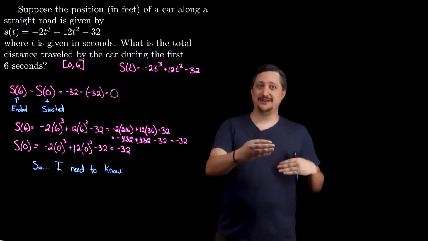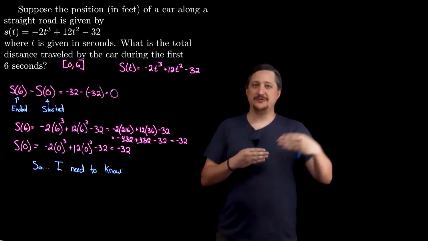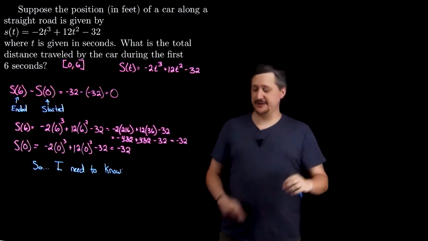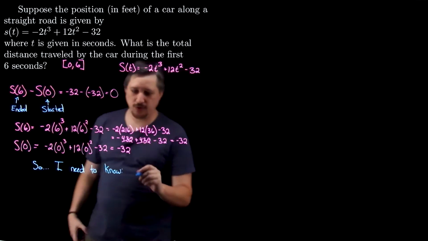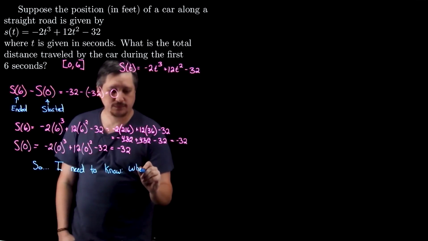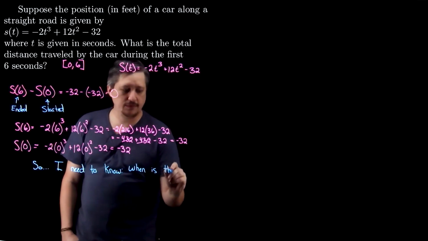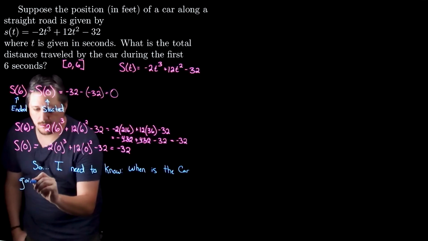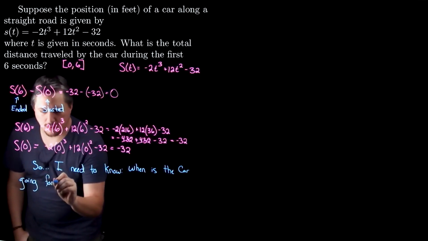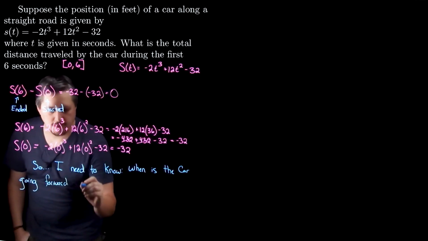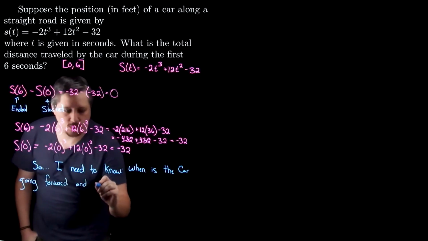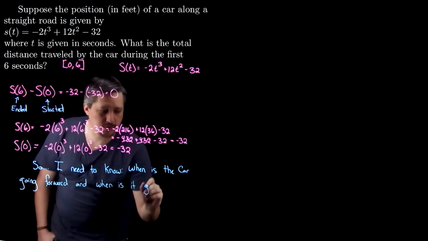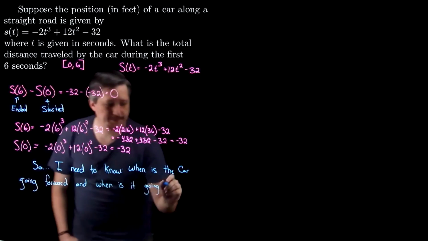Instead of trying to look at the net displacement, I want to add up all the forward change and all the backward change as separate things, which means I need to know when is the car going forward and when is it going backward.